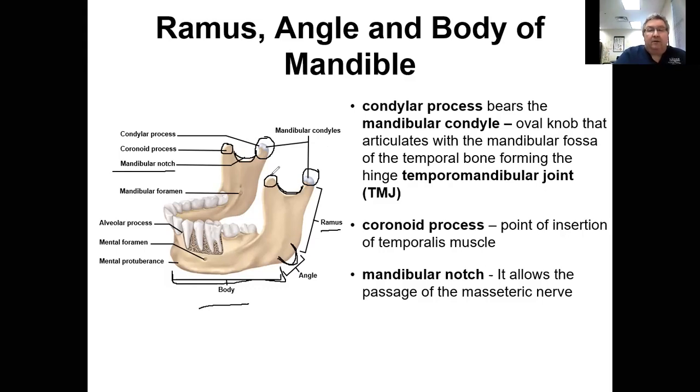So the structures on the mandible that you will need to know are the body of the mandible, the angle, the ramus, the mandibular condyle, the mandibular notch, and the coronoid process. So those are the areas that you're going to need to know on the mandible itself.